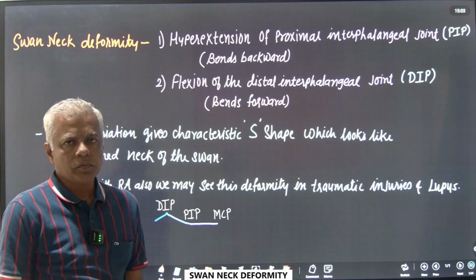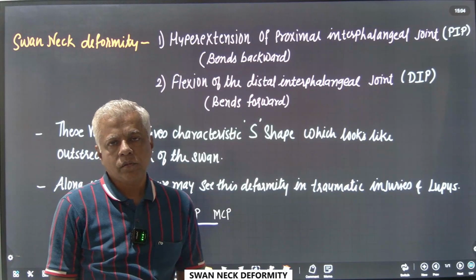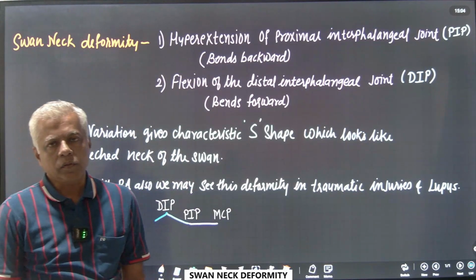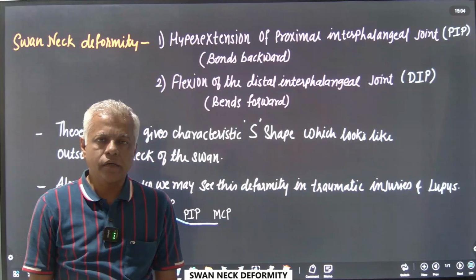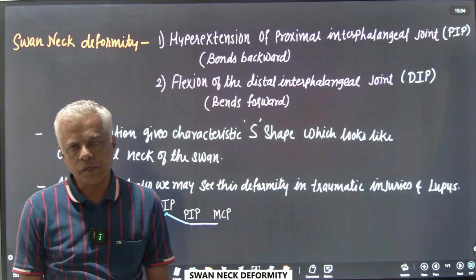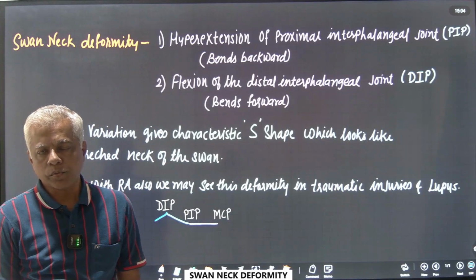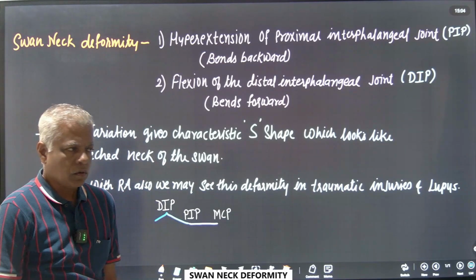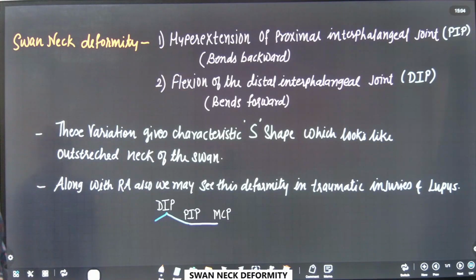Now we will see the various deformities that we get in rheumatoid arthritis. We have already learned that in rheumatoid arthritis there is a massive destruction of the cartilage and the bones, which leads to various kinds of deformities. So the first deformity here is what we call a swan neck deformity.